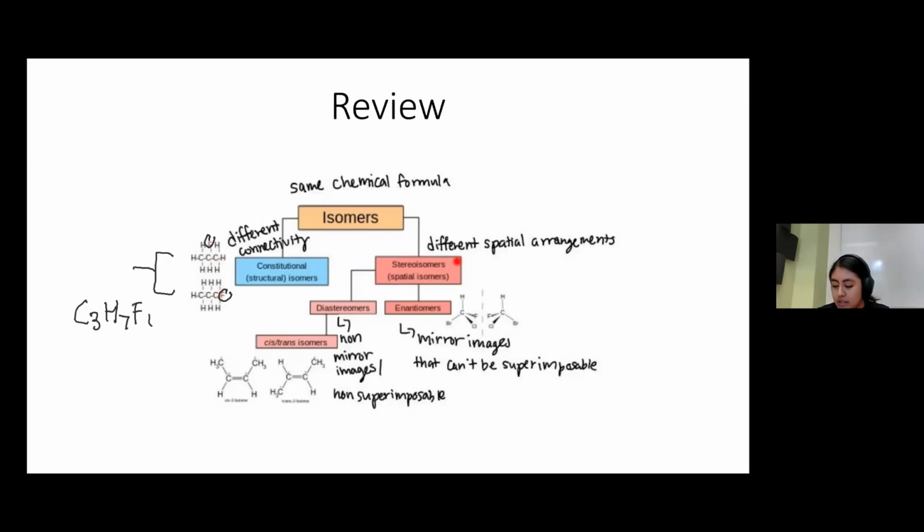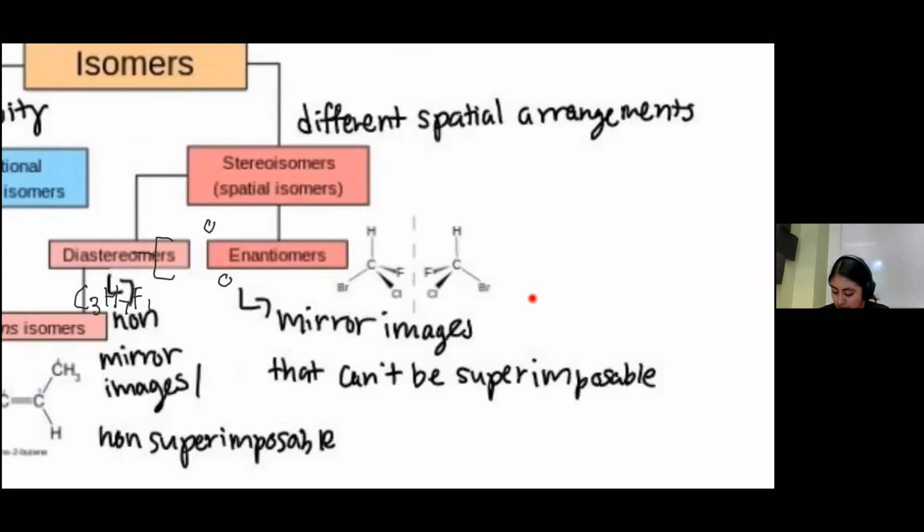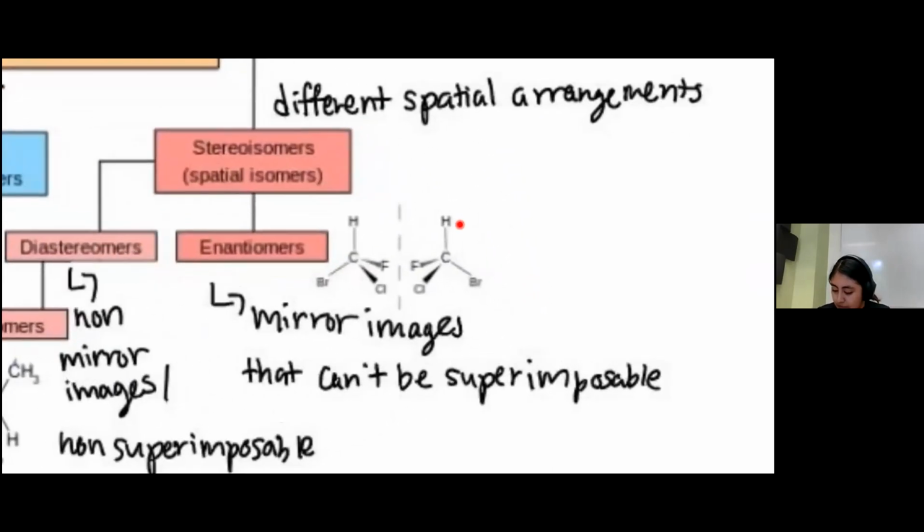And then you have stereoisomers, which have the same chemical formula as well, and also the same connectivity, but they differ in spatial arrangement. For instance, this molecule right here, I'm going to zoom in so you can see it better. This carbon has a bromine, a chlorine, a fluorine, and a hydrogen attached, and so does this one.